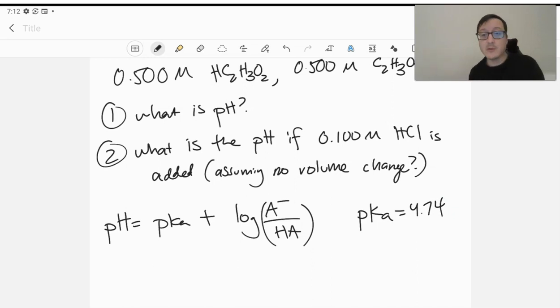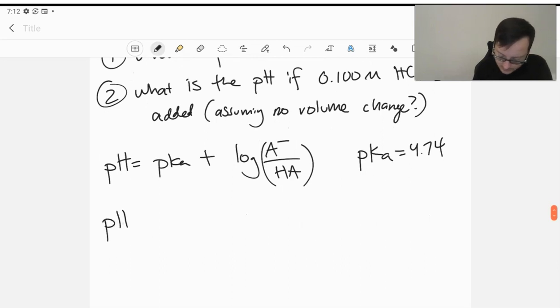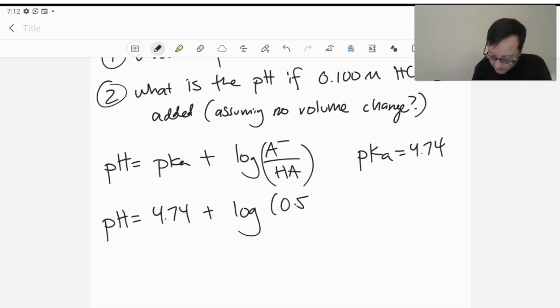We can get that from the table, or we can take the negative log of the Ka, whichever you have available. So the pH of this solution right now is 4.74 plus log of 0.500 divided by 0.500.